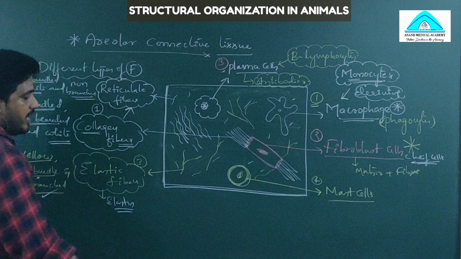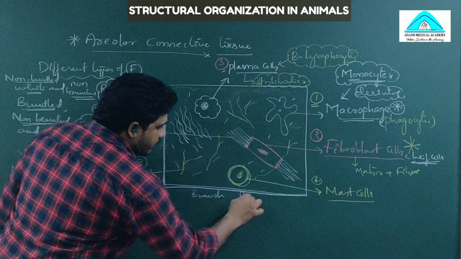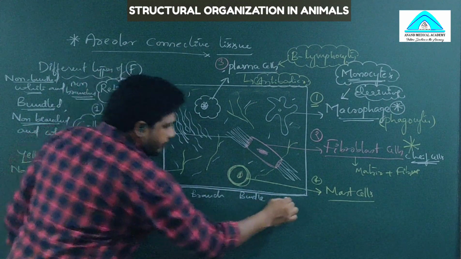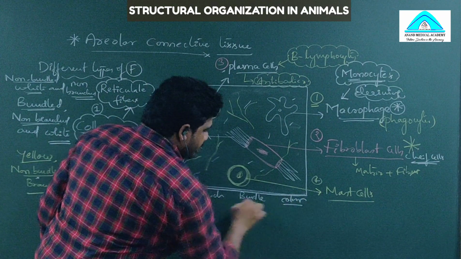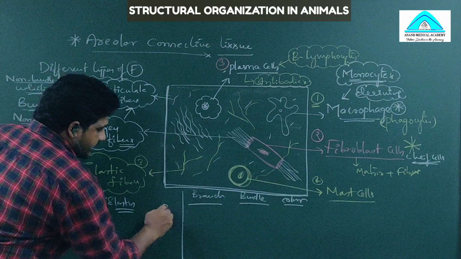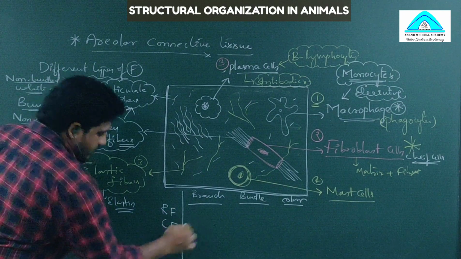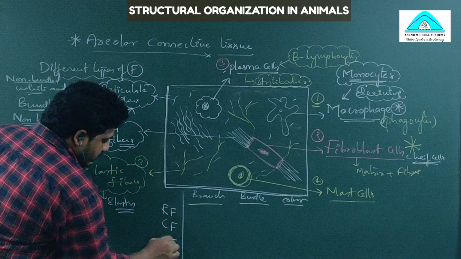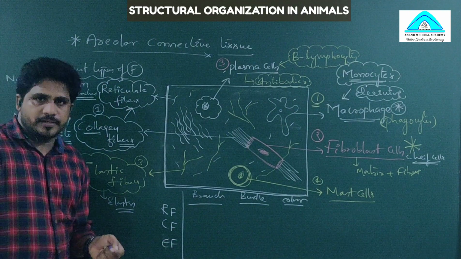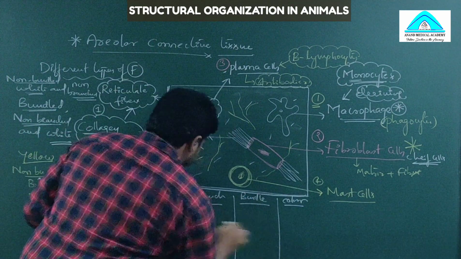Simply we can understand if we take a table like branch, bundle, color, and let us compare all the three, that is reticulate fibers, collagen fibers, elastic fibers, called yellow fibers. We can also write elastic fibers. In a quick way, we can easily recall them by this table.